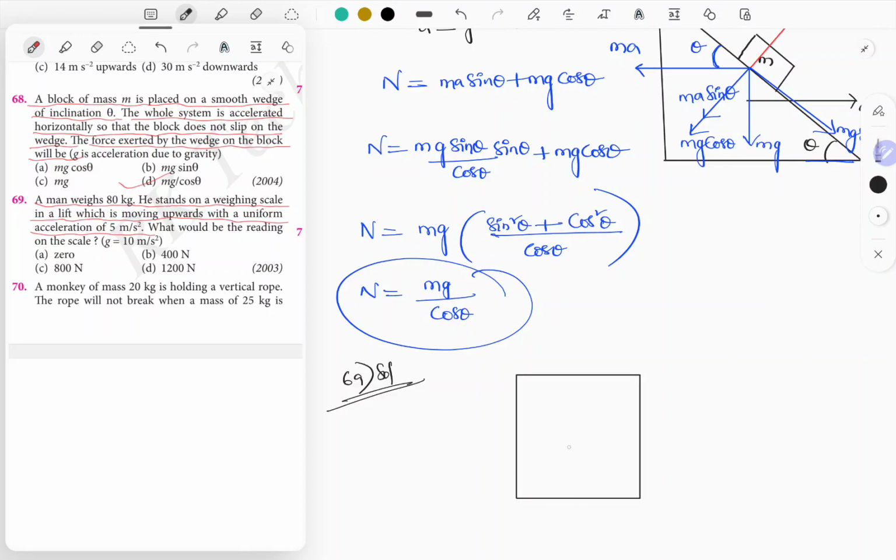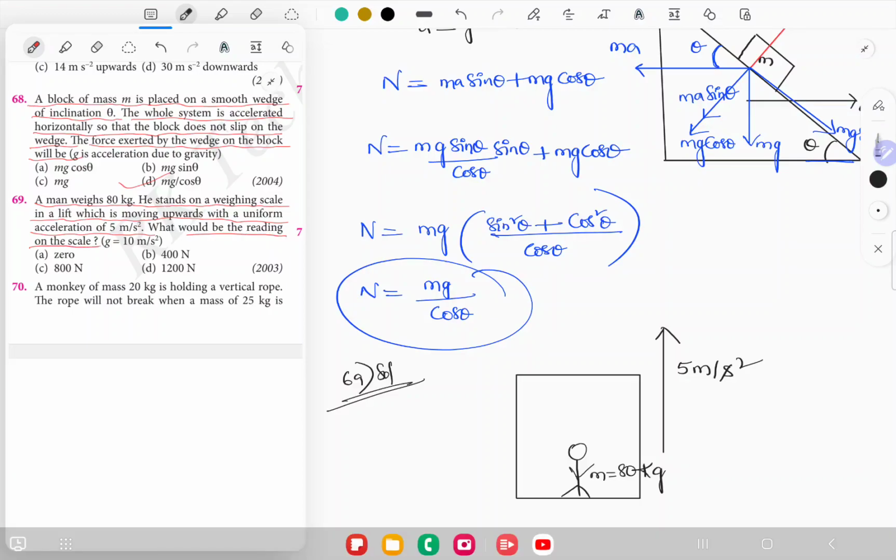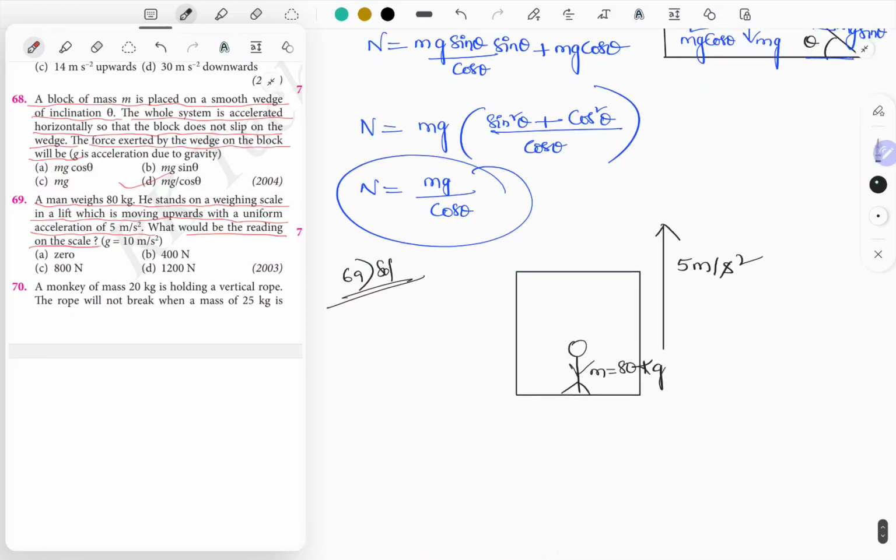I mean, he is weighing 80 kg, that means they have given mass. Okay, super. Now the lift is accelerating upward with an acceleration of 5 meters per second square. What would be the reading on this scale? They are asking for normal reaction. That's the meaning. Reading on the scale is nothing but the normal reaction on the surface.